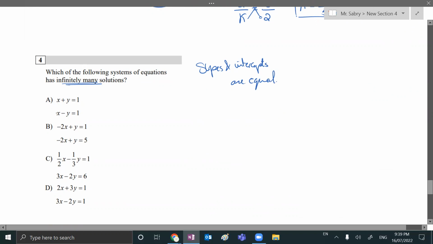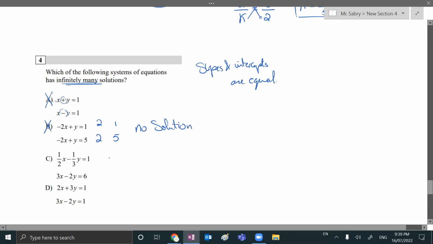It's very clear in the first one, they have different slopes because of the different signs. So the first one cannot be the one. When you look at the second one, they do have the same slope, which is +2, but they have different y-intercepts, which is here 1 and 5. So these actually have no solution. These are parallel and have no solution. So this one is not the right one.